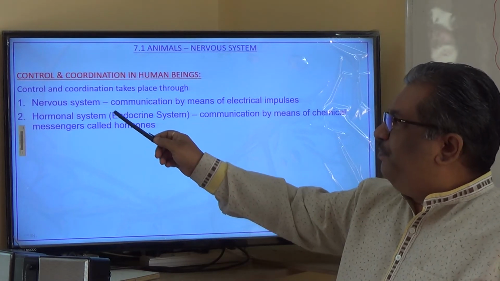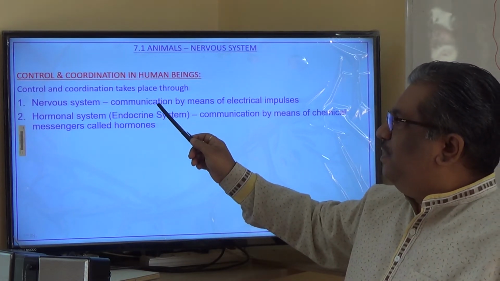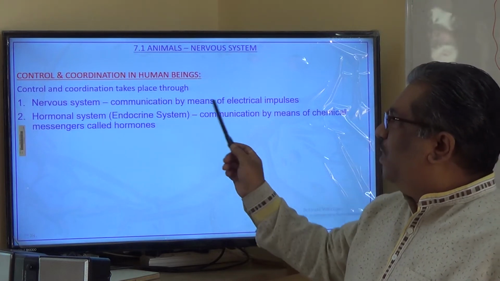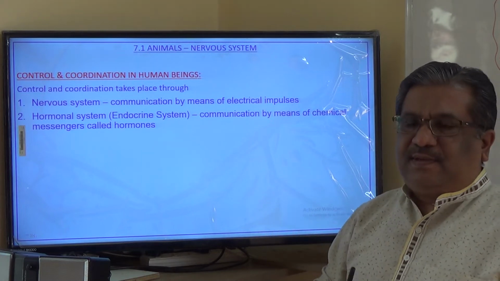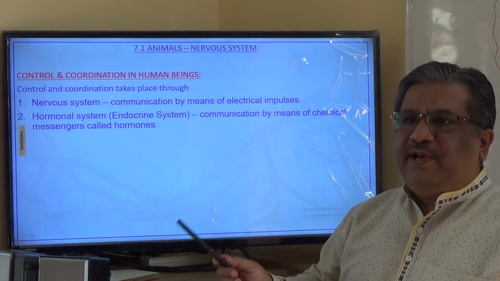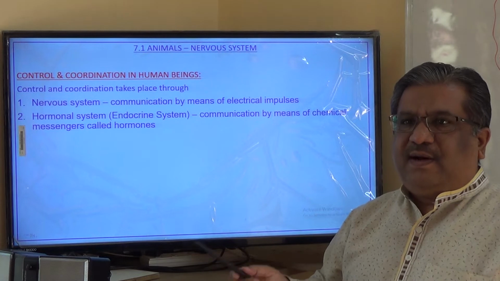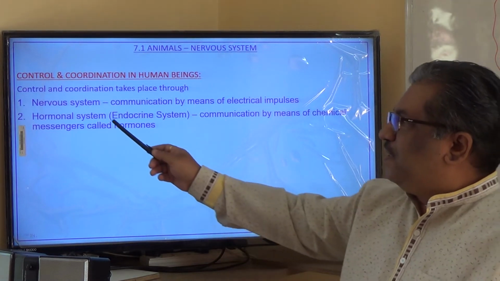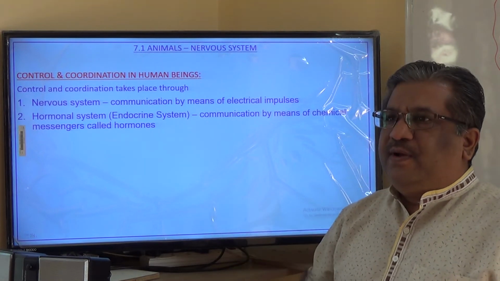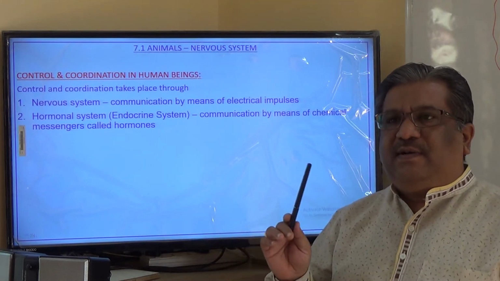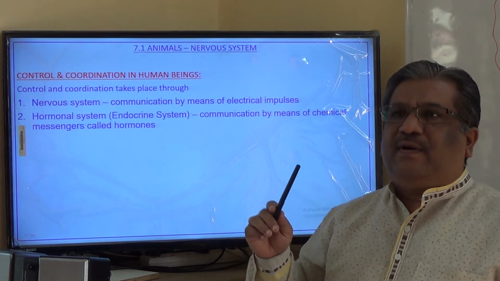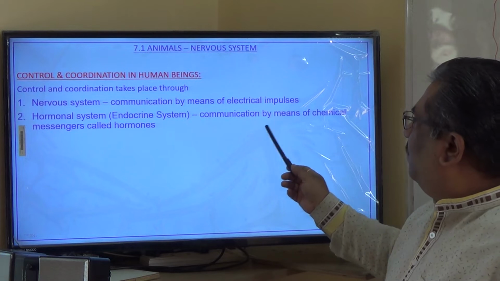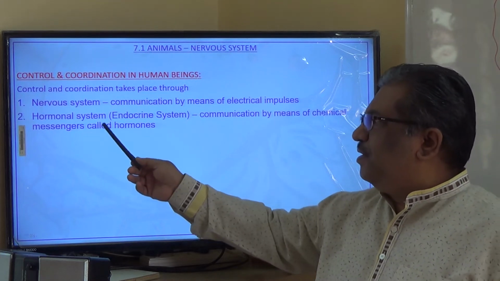In the nervous system, communication between different body parts is established by means of electrical impulses, whereas in the hormonal system, communication between different organs is established by means of chemical messengers called hormones.